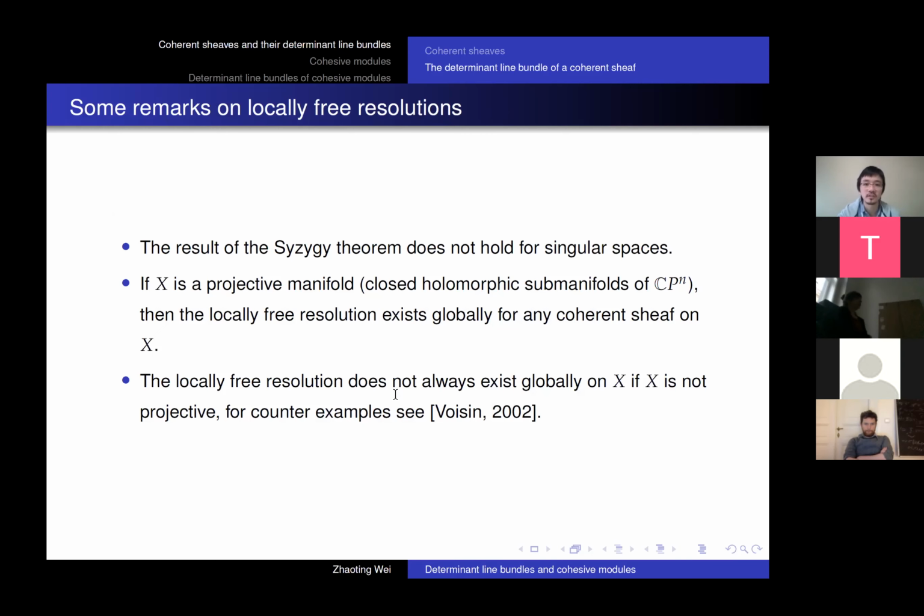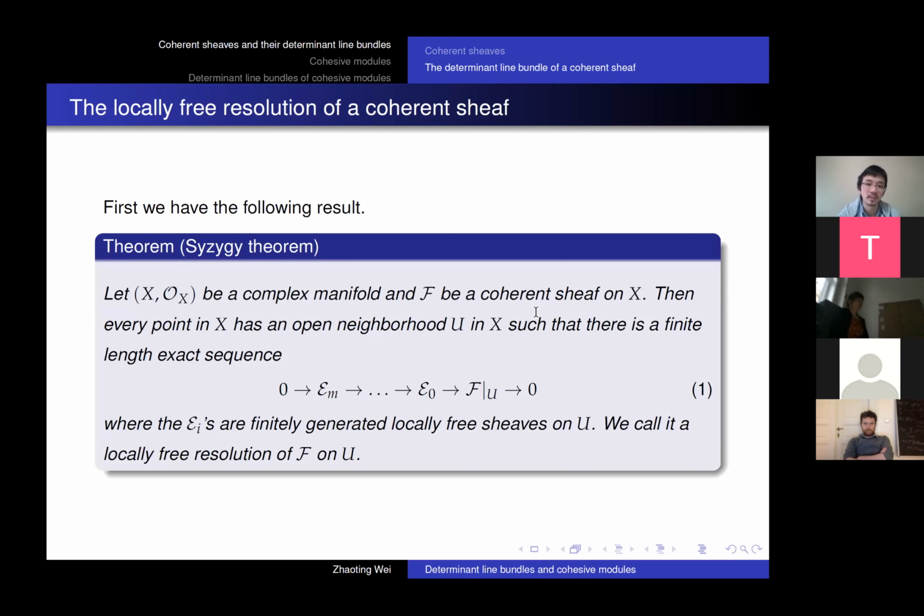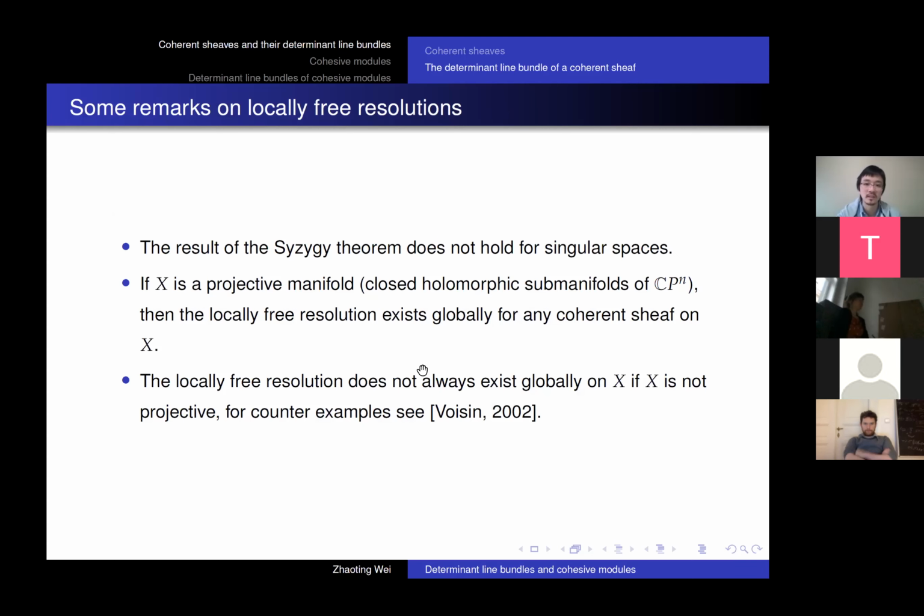Of course, this only holds for non-singular spaces. If the space has singularities, it's no longer true. If the space is a projective manifold, then the resolution exists globally, but for non-projective manifolds maybe not globally. Voisin gave a counterexample.